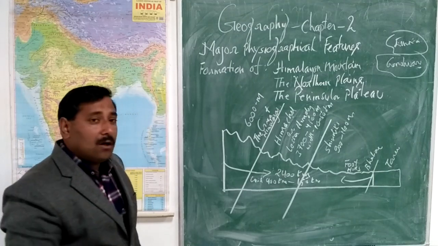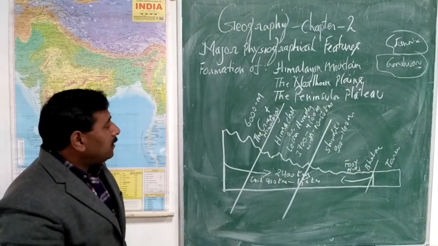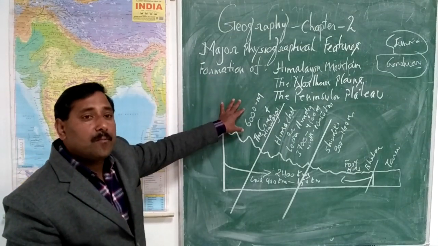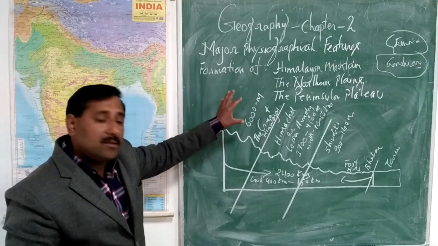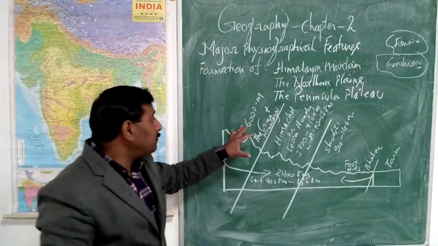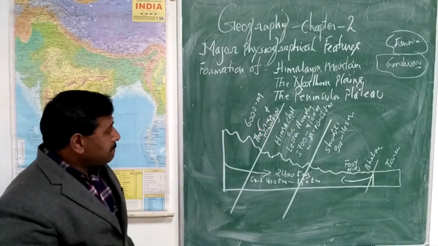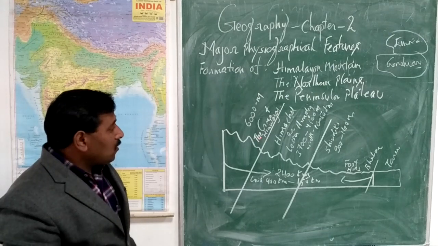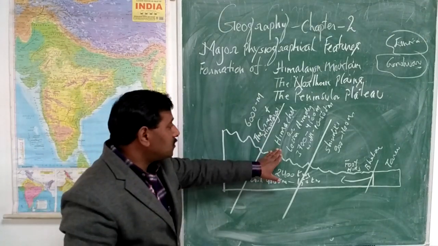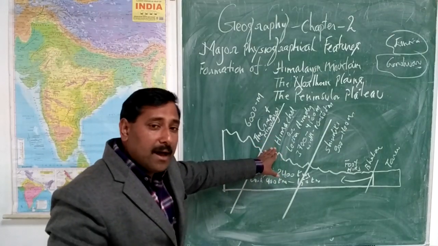This is the longitudinal stretch, and the height of these mountains, the peaks over here, is around up to 6,000 meters or above. The next division is known as the Himachal or Lesser Himalaya.